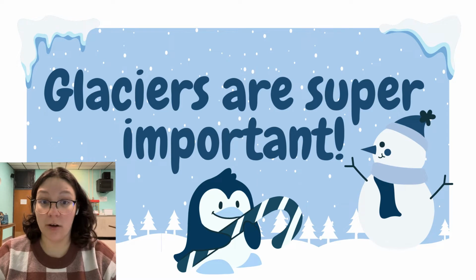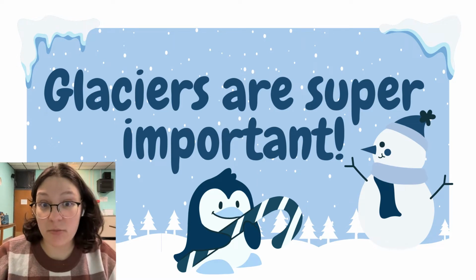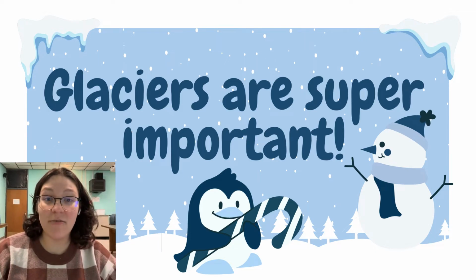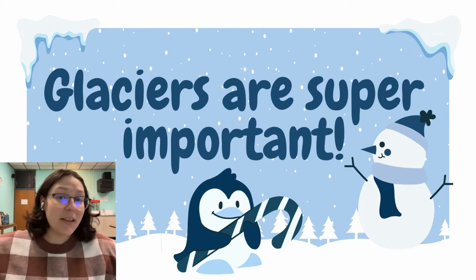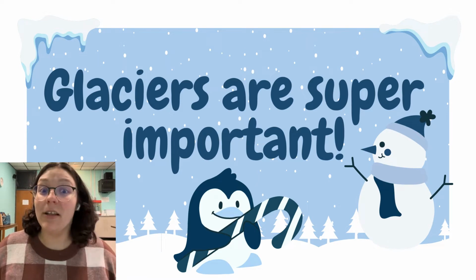2.1% of the world's water is frozen in glaciers. While that may seem like a really small number, 2.1% of the trillions and billions and gajillions of gallons of water that are on Earth is a lot of water.